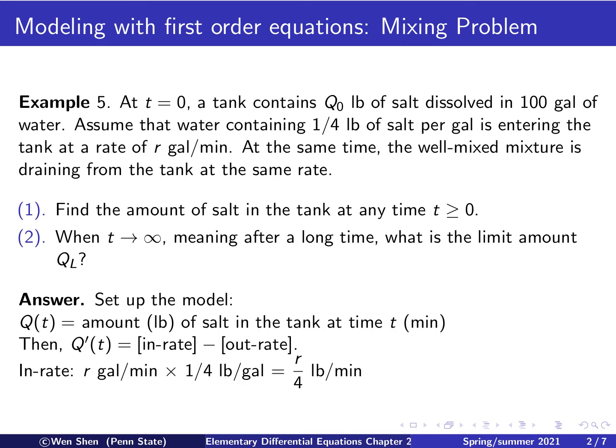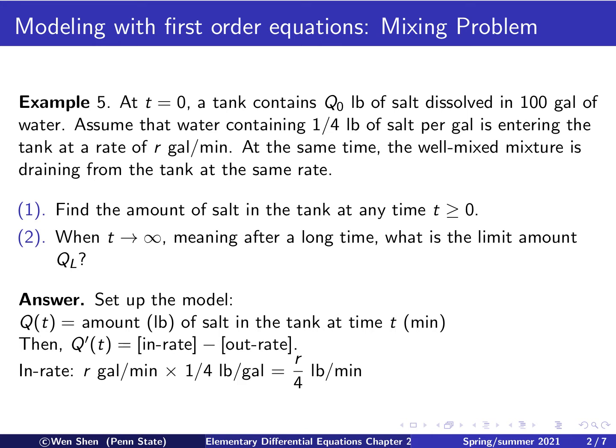So if we multiply these two quantities, the rate r and the quarter, and we carry the unit with us, r will be r gallon per minute times a quarter pound per gallon. And then the gallon in the denominator cancels the gallon in the numerator.